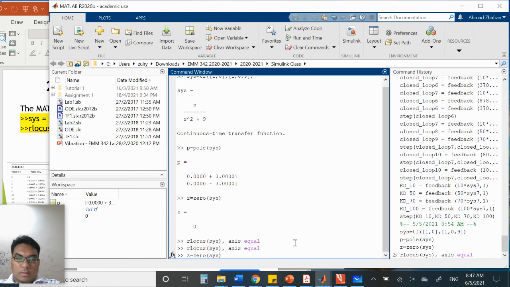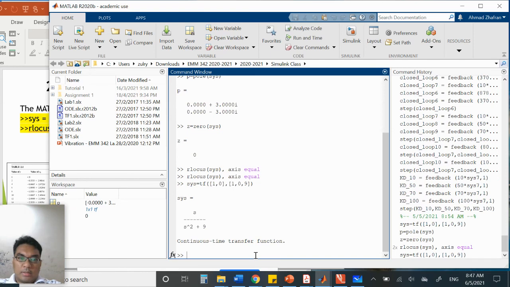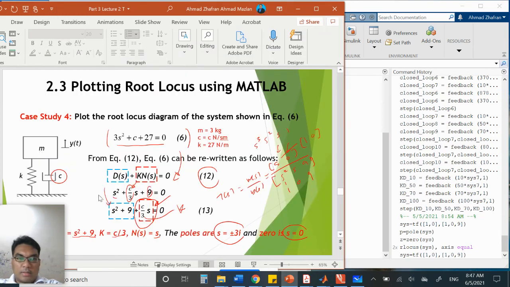The system transfer function: 1 0 is the numerator and the denominator is 1 0 9. When you enter it, it shows you your transfer function, which is s on top, and s power of 2 plus 9 below. So you can verify it here.